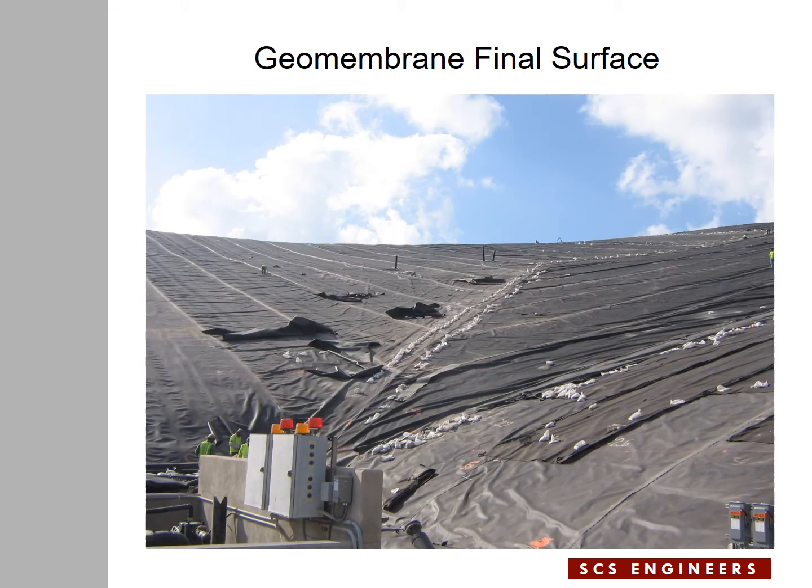Here is a picture after completion of the geomembrane, from the bottom looking up. On the two sides of this concave surface you can see the beginning of other slopes that run straight up and down on a 3-to-1 slope, and between these two lines is the area of the pie, the concave surface.